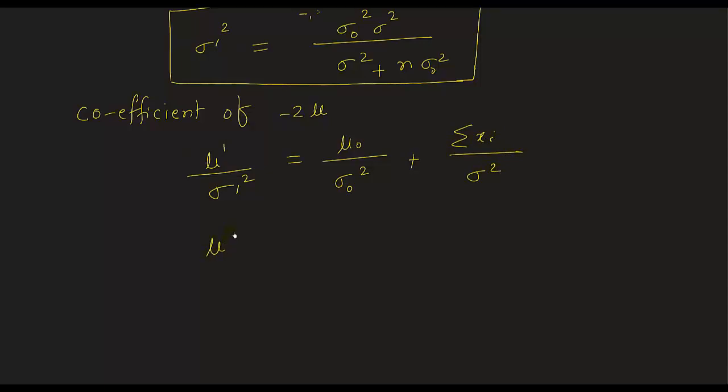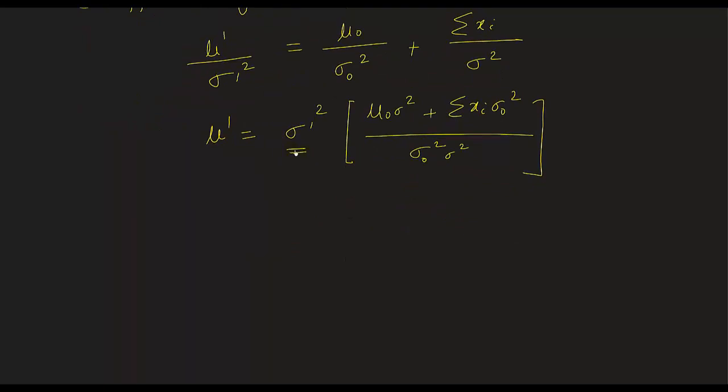Now if you calculate this, this will be sigma dash square, and then I can take the LCM here, that is sigma naught square sigma square. So mu naught sigma square plus summation xi sigma naught square, and we already calculated sigma dash square in the previous case, so we can plug that value here. So this is sigma square sigma naught square, the value of sigma dash square that we calculated in part 1, that is by equating the coefficient of mu square.